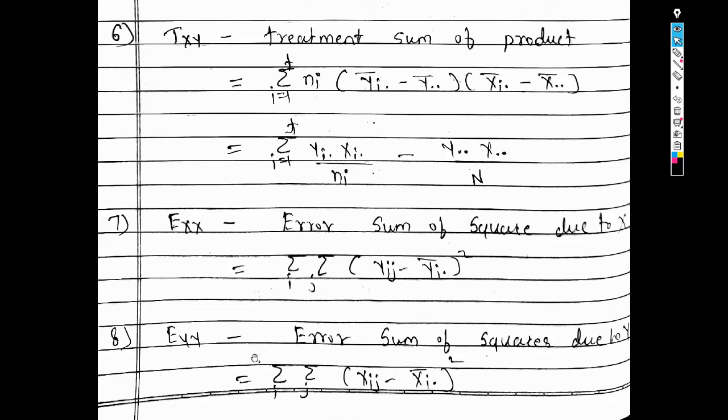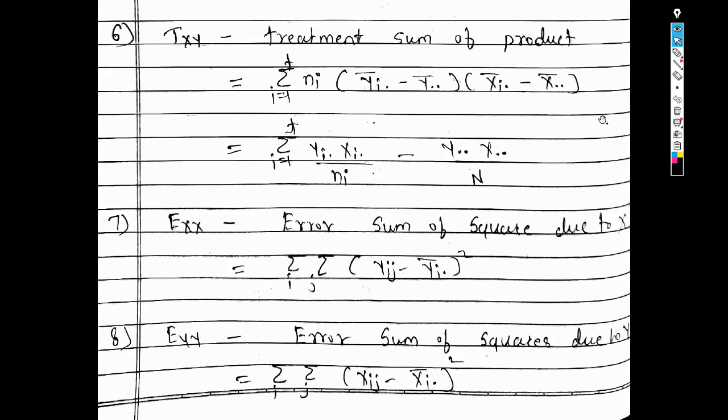And Exx is the error sum of square due to x observation, and it is summation over i summation over j (xij minus xi dot bar) bracket square. Here we want x, and here we have y; this is one small correction here. Here also we have x. So the error sum of square due to x is found with the help of this formula.